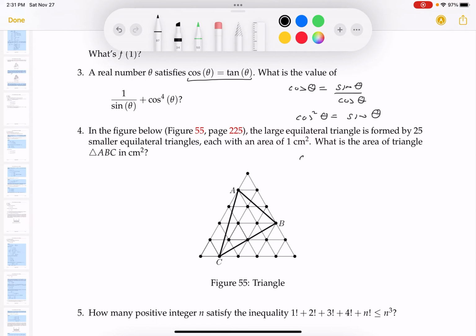Well, I guess I could write down cosine 4 theta equals sine squared theta. Let's see what I could do now. Cosine 4 theta equals 1 minus sine, no, not sine, cosine, sorry about that.